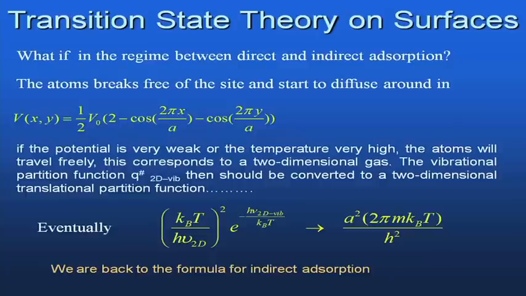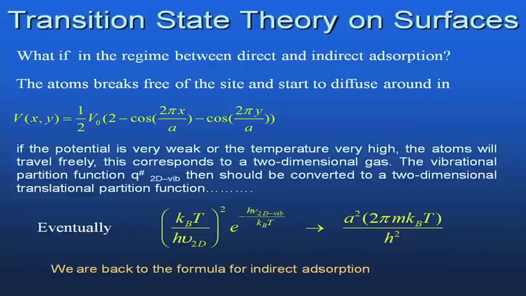Now, what happens if we are in between? So, the atoms break free of the site and start to diffuse. The atoms are now detached, become free, and will start to diffuse.